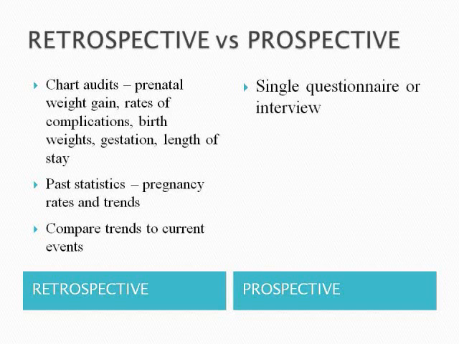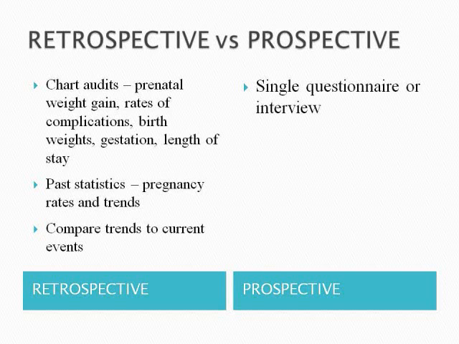Retrospective versus prospective design. Retrospectively, we could go back and look at chart audits. We could look at prenatal weight gain. We could look at rates of complications. We could look at birth weights, gestation, length of stay. All of that we could gain from looking at past charts. We could look at past statistics. What were the rates and the trends of teen pregnancy?